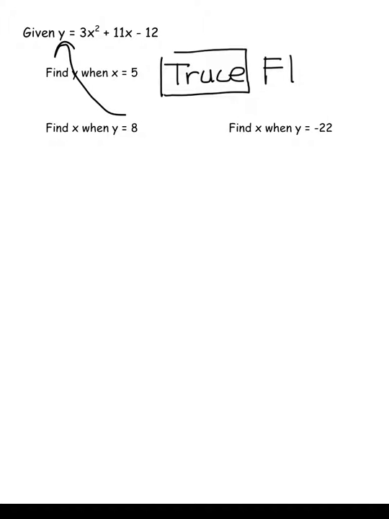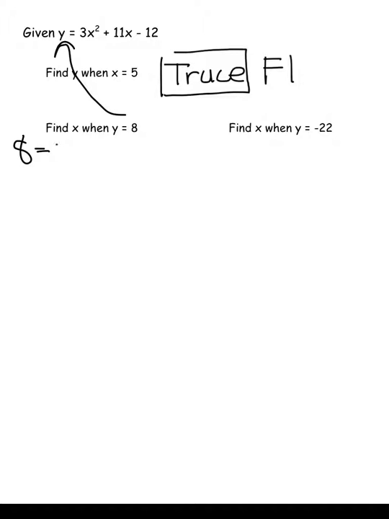Okay, so one more example. Again, if x equals 5, we can just take care of those on our calculator with trace, or F1. But when you have a y value, we need to plug it in.